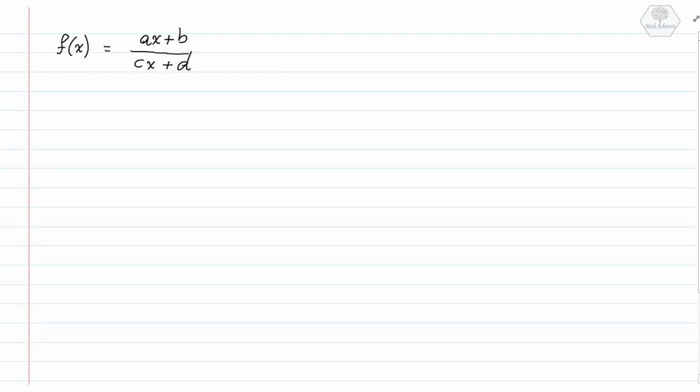The most important thing to know about this function are the asymptotes. For this function, we have two asymptotes: a vertical asymptote and a horizontal asymptote.